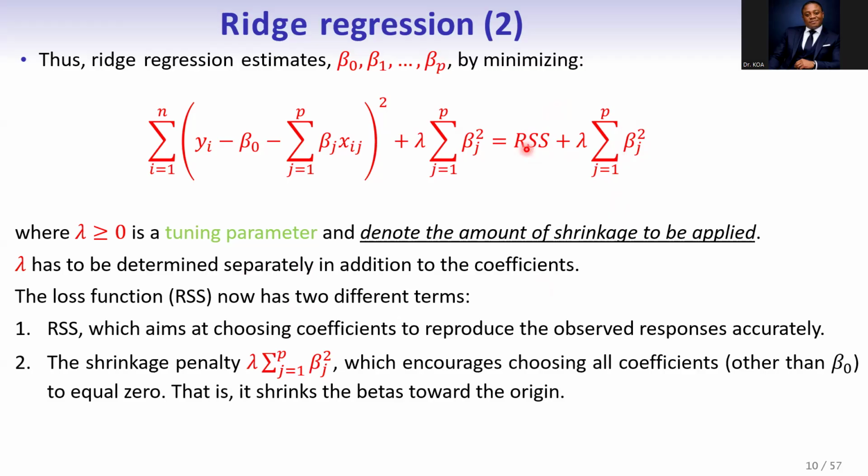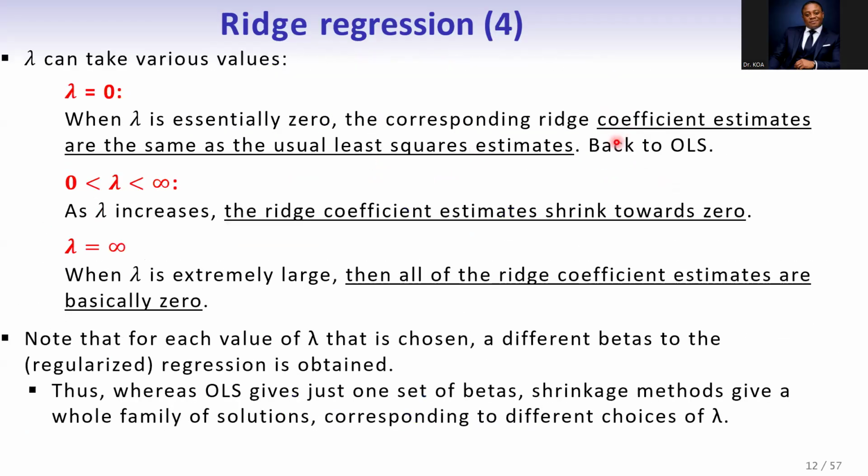Now, when lambda is equal to infinity, it means that the beta parameter is going to go very, very big. And what is the problem with that?